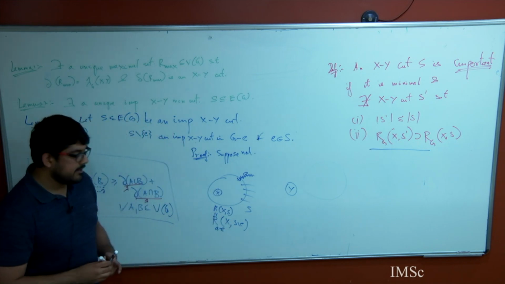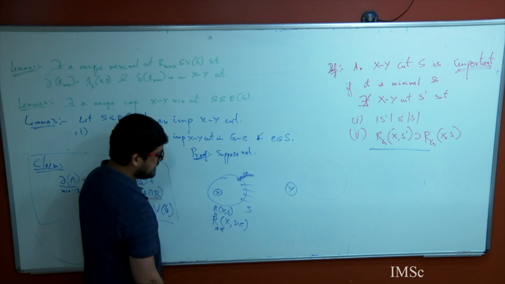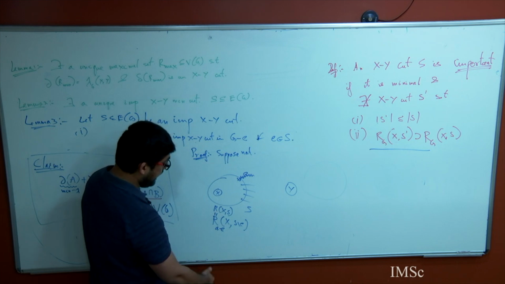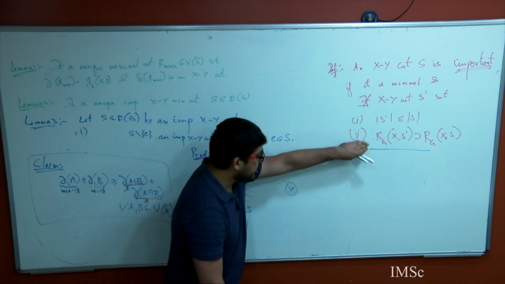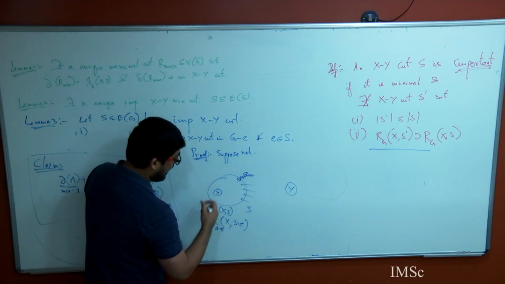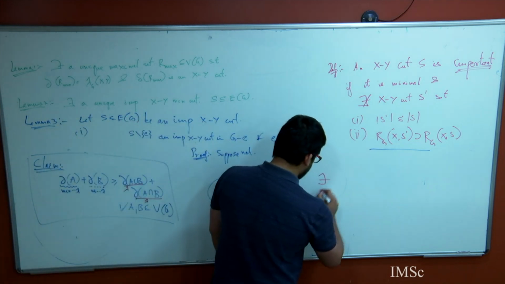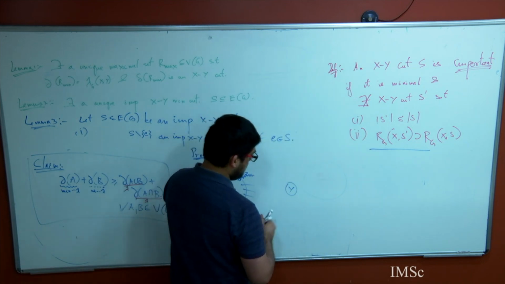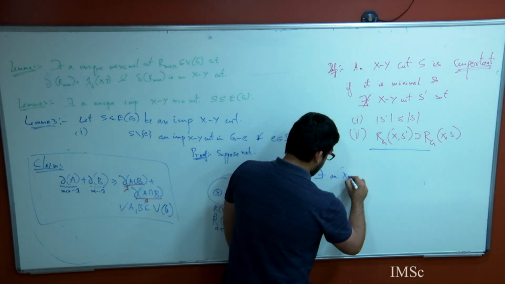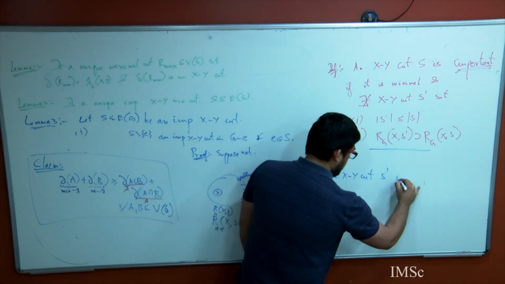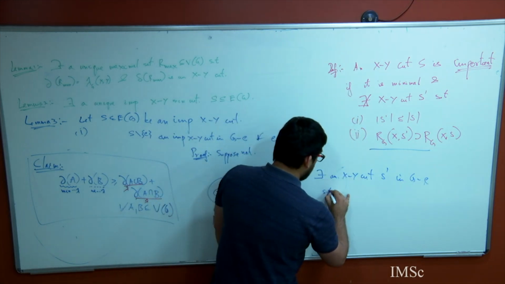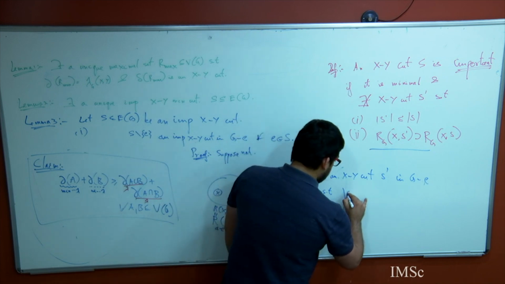Okay, so now when you said, hey, S minus E is not an important separator, it's not an important XY cut in G minus E, which means according to the certificate there exists an XY cut S prime in G minus E which violates this property, right?